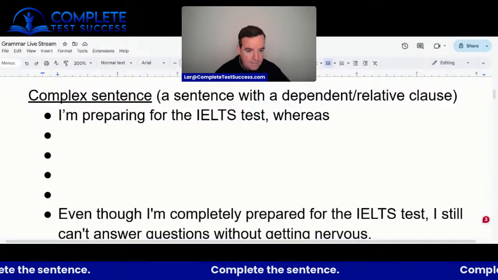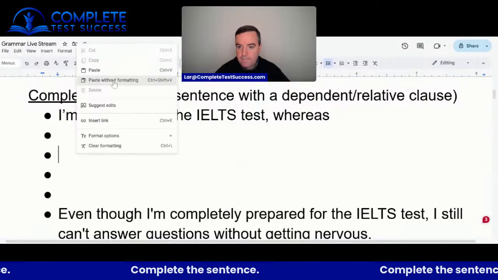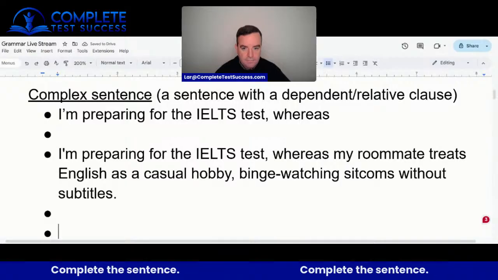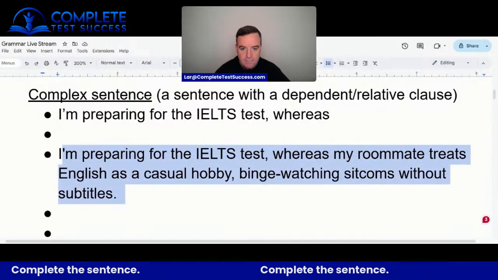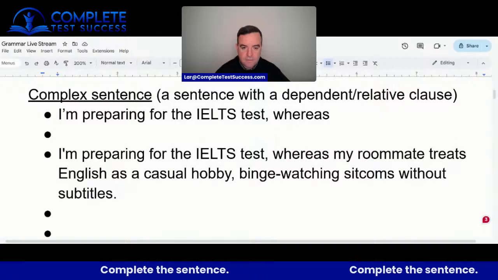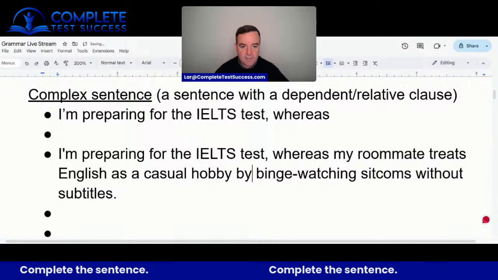And Ellen, sorry guys, my screen, I should have used a different app. I'm preparing for the IELTS test, whereas my roommate treats English as a casual hobby, binge watching sitcoms without subtitles. Or maybe by binge watching, right? That's how she treats it, as a hobby.